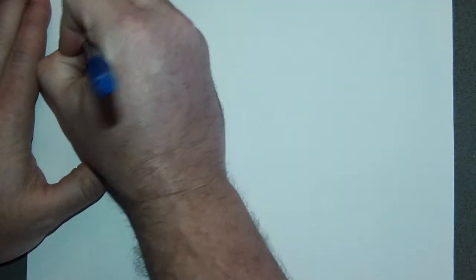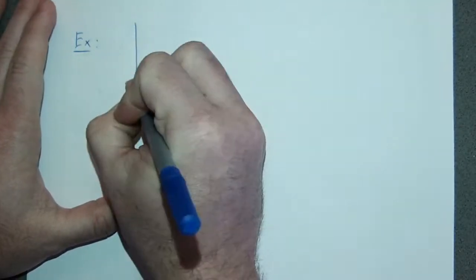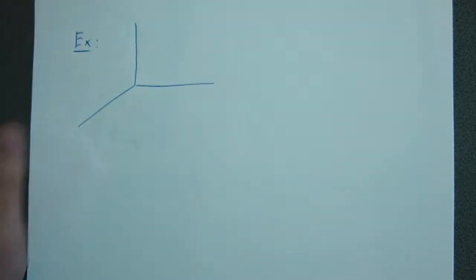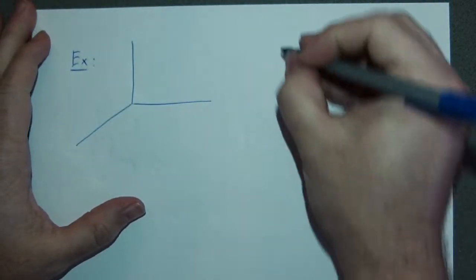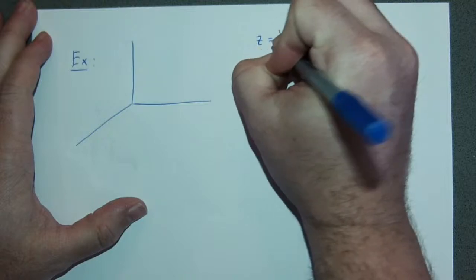So let's see an example of how we would do this. Let's take a surface in space that is part of a plane. Let's consider the plane in space z is equal to y over 2.